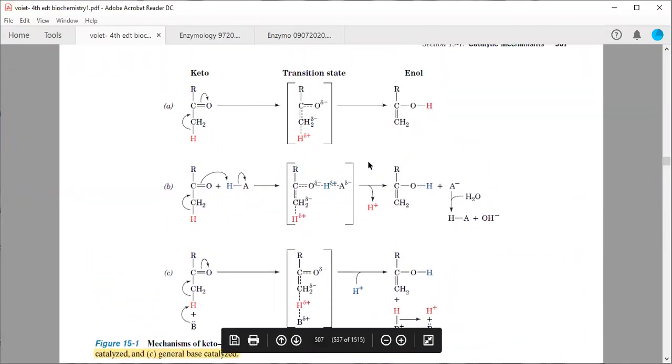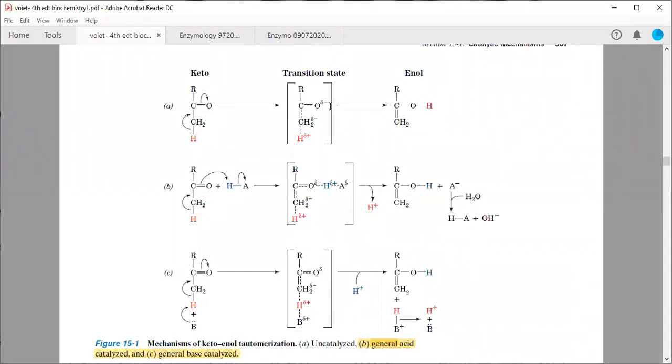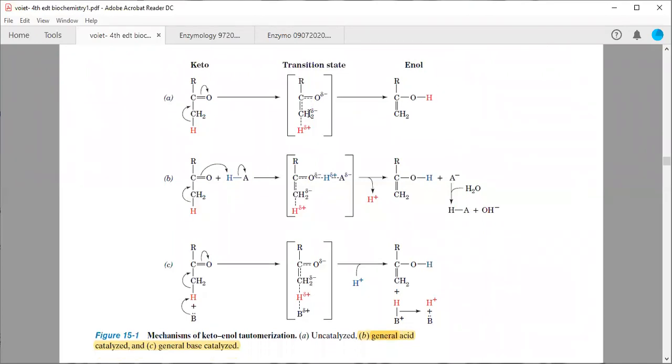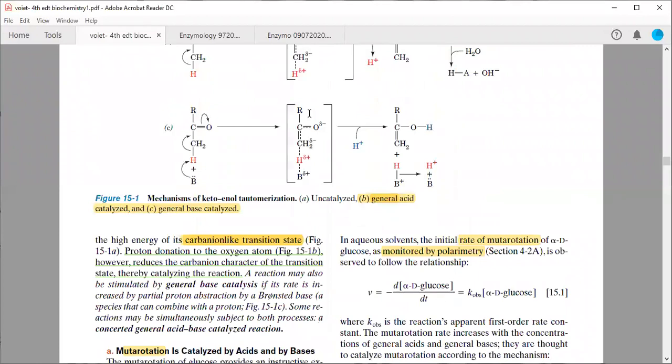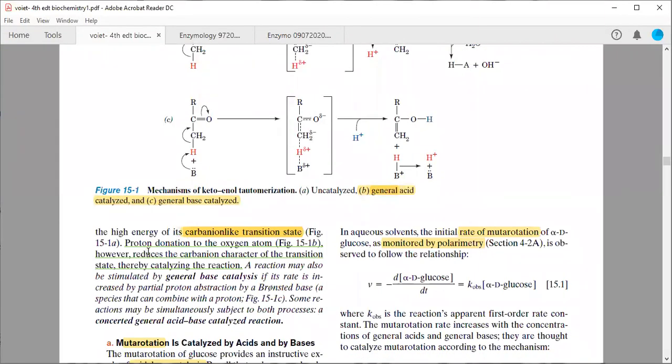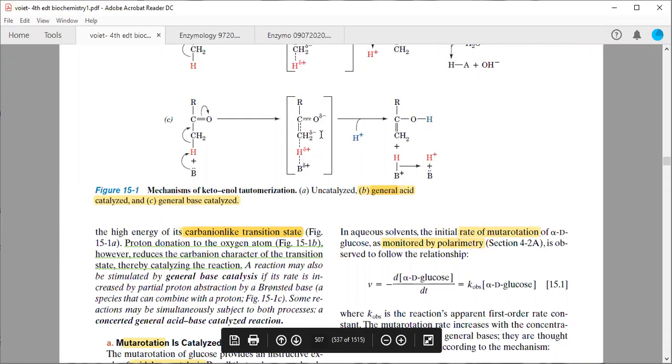If you look into this diagram, A is an uncatalyzed reaction which leads to the formation of a transition state, and this transition state has high energy which cannot be crossed directly. Therefore it will take more time and the reaction rate is very slow. Whereas a proton donation to the oxygen atom reduces the carbanion character of the transition state, therefore catalyzing the reaction.